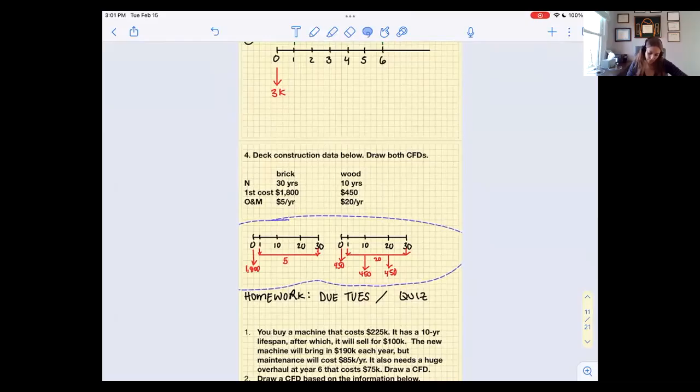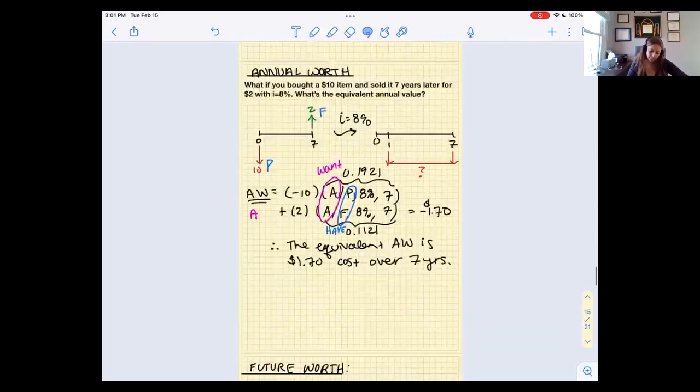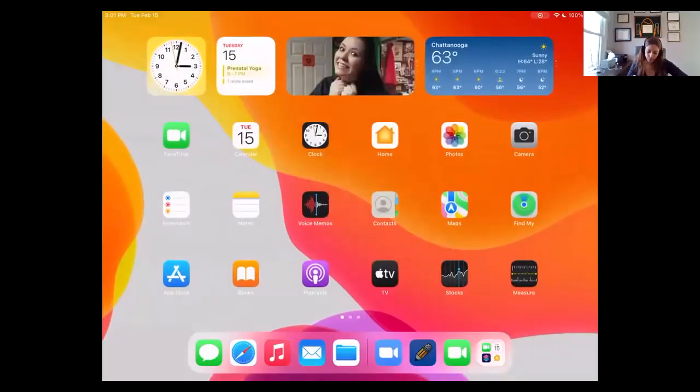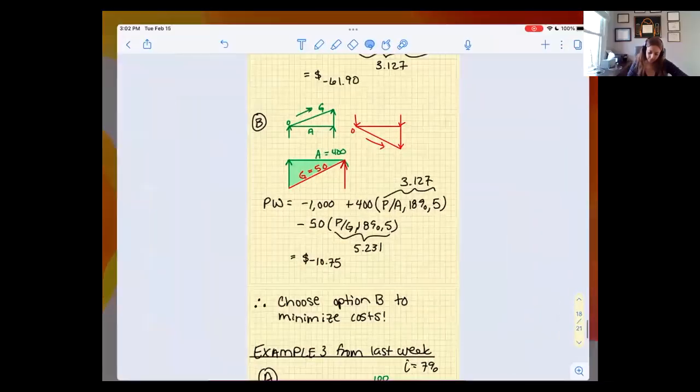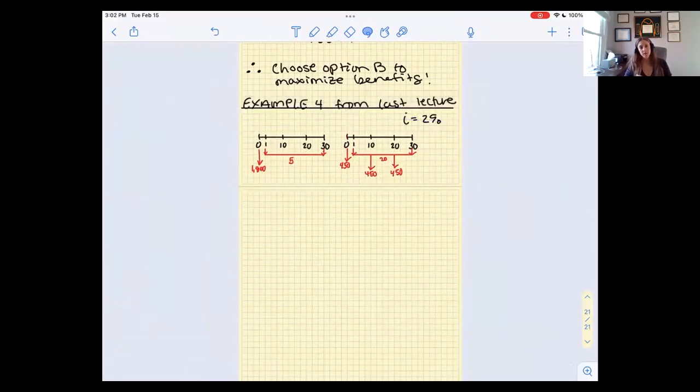So here it is, the brick versus the deck. Remember, we had to line them up and make them both 30 years. One had a 30-year lifespan and the other one had a 10-year lifespan, and we had to make sure they lined up. Remember that? So these were the cash flow diagrams that we came up with from that brick versus wood deck.